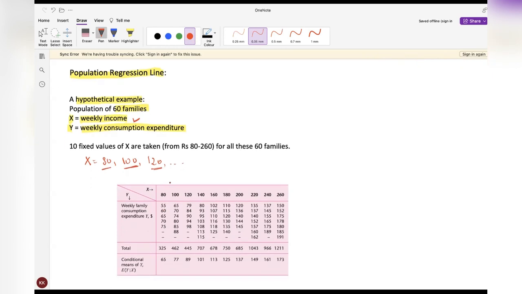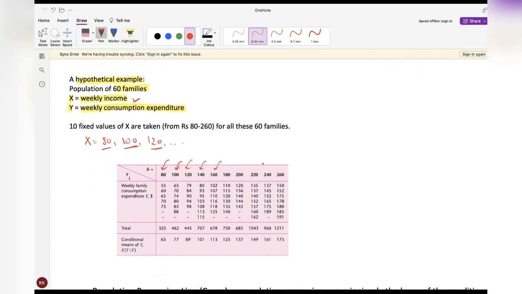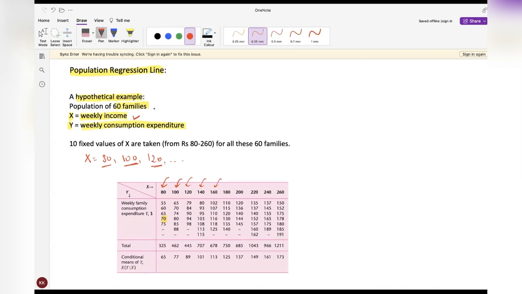As we can see in this table, X is taken as 80, 100, 120, 140, 160 and so on and so forth. Then on the basis of their weekly income, we have computed the weekly consumption expenditure of every household. For instance, let's pick up a 70 in the first column. What does this mean? Let's say that out of these 60 families, there is a family A1 who is earning a weekly income of 80 rupees.